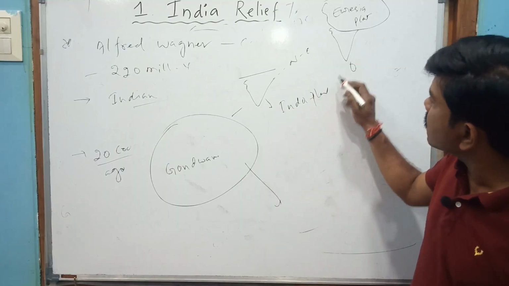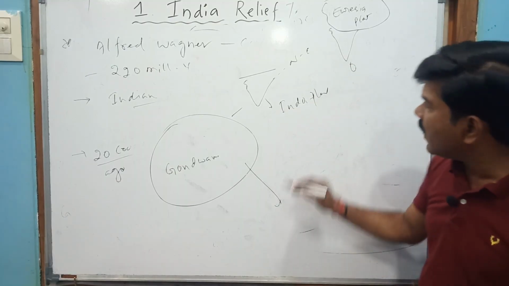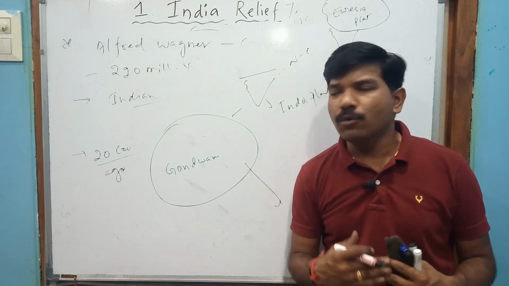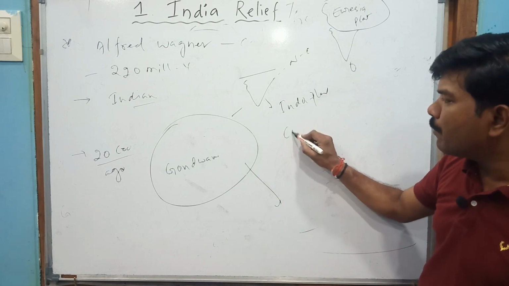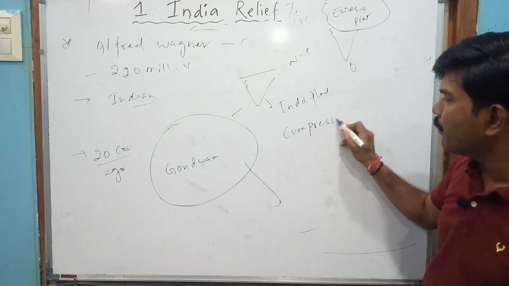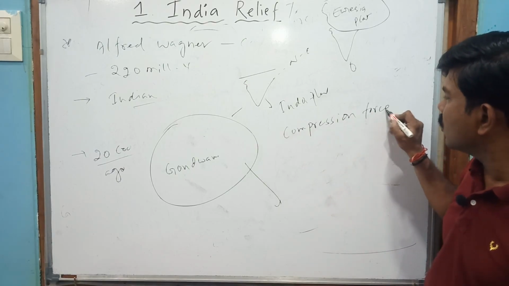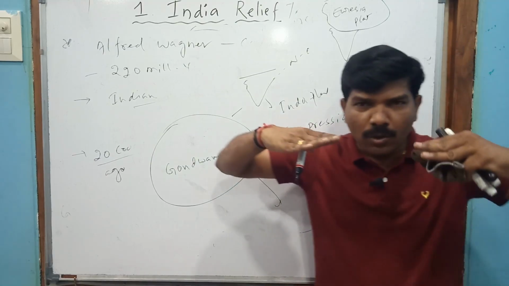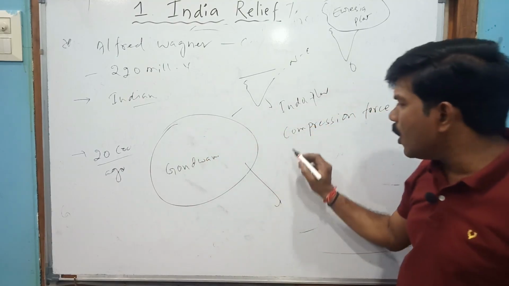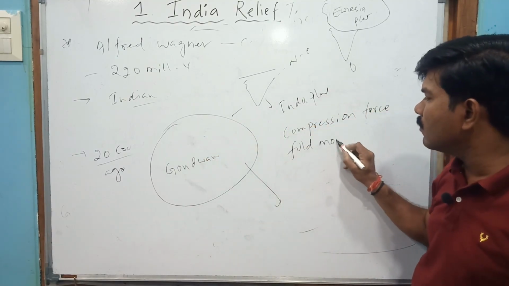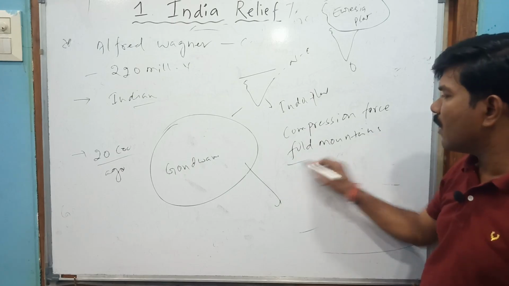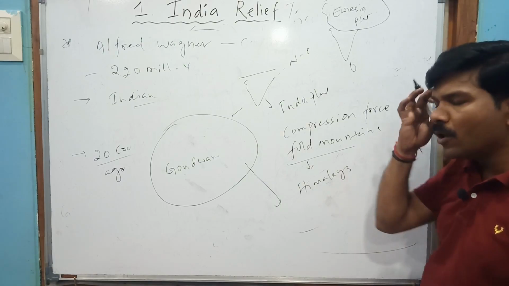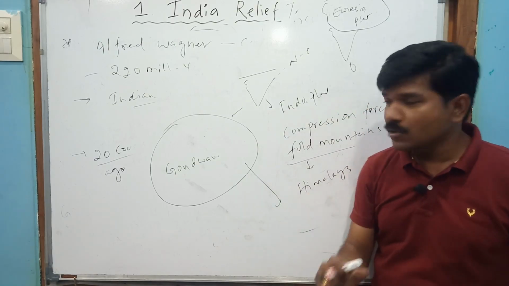So the India plate collided with the Eurasia plate. When the India plate and Eurasia plate collided, due to the compression force, fold mountains were formed. These fold mountains we call the Himalayas.